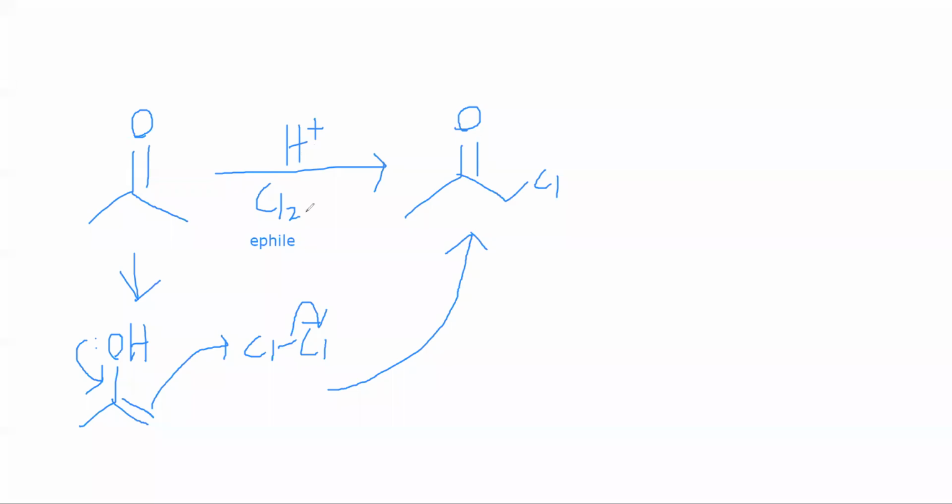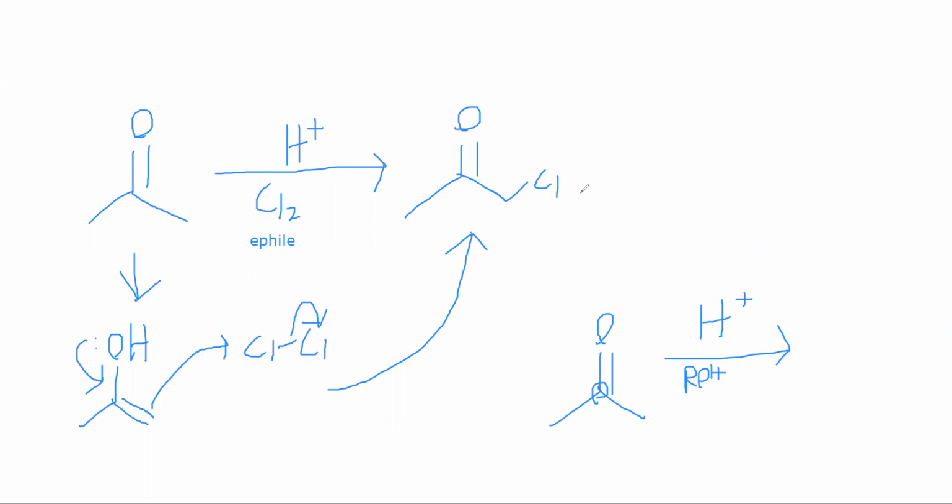So when we added the acid, it's there to form an enol. But if we instead have acid and then a nucleophile, like an alcohol, then the purpose of the acid is just to make this carbonyl carbon a better electrophile so the nucleophile can attack.